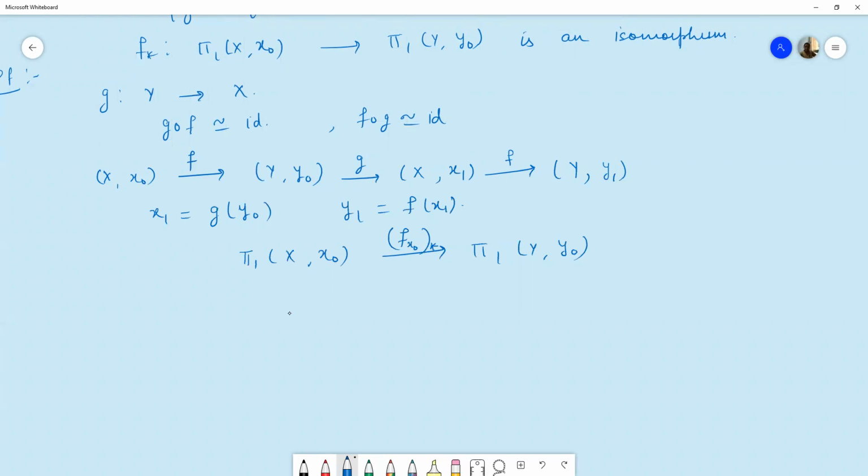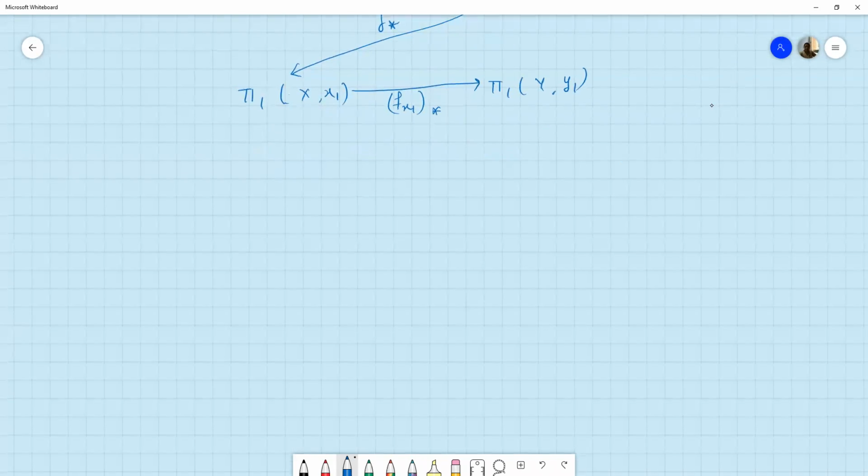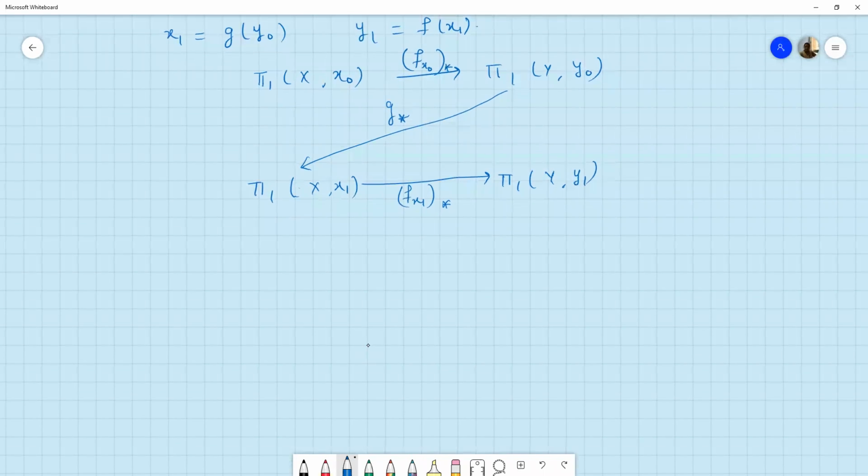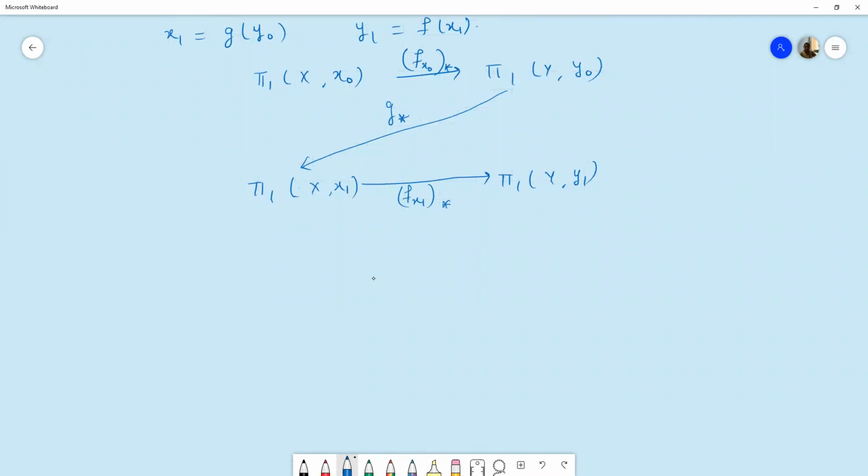So this is the homomorphism induced by F corresponding to the point x0. And now we have this G from (Y, y0) to (X, x1). So this is our G star. And then further from this to pi 1 (Y, y1), this is mapping F_x1 star. So this is the homomorphism induced by F relative to point x1. Now we have these three homomorphisms.